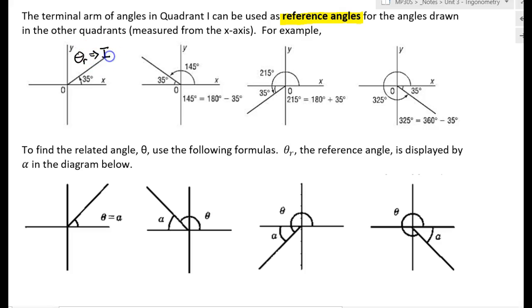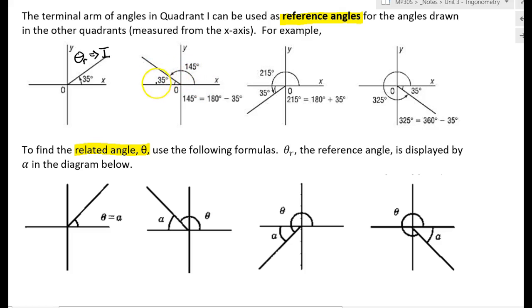It's always in quadrant 1. But we can have angles related to it. And so that's what we see, the related angle, theta. We'll be able to find our reference angle from it, or use our reference angle to determine what the standard angle is. So option 1 is I say, okay, well, I'm dealing with 45 degrees.